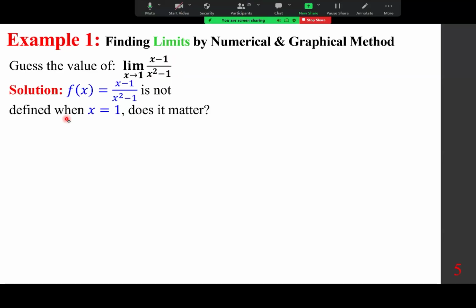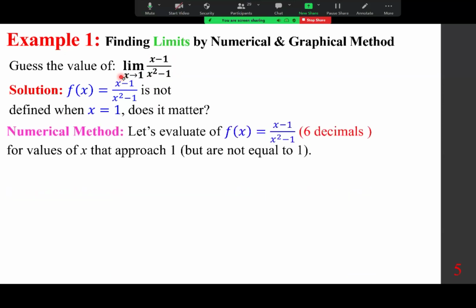Well, no, because we are not saying what's the value at x equals 1, but rather as x approaches 1, when we get closer and closer to 1. So the numerical method says, let's evaluate f of x, however many decimals, for values of x that approach 1 but are not equal to 1.